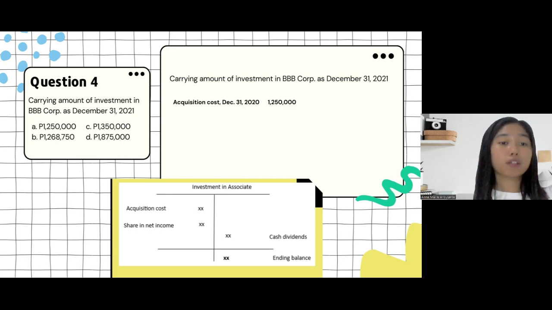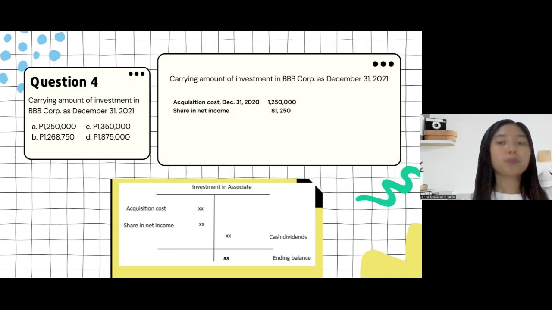The acquisition cost of BBB Corporation in 2020 is 1,250,000. We got that by multiplying the number of shares of BBB stock by the price per share, which is 125,000 shares multiplied by 10 pesos price. Then, BBB has 325,000 income, so multiplying it by 25%, the investor will have 81,250 as a share in net income.